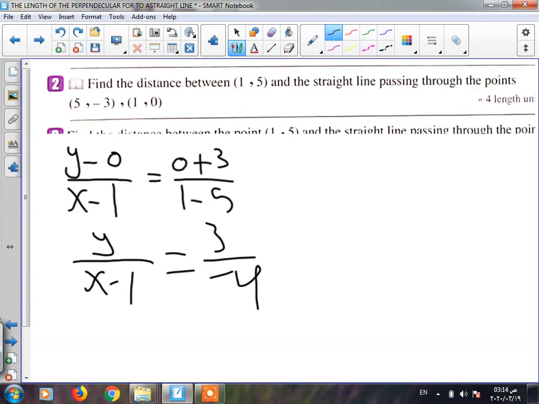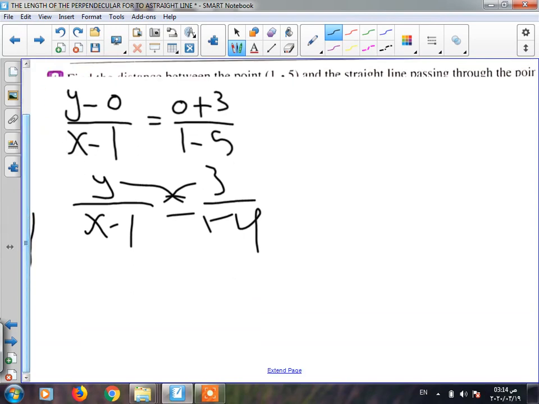In this case, we will find that y over x minus 1 equals 3 over negative 4.